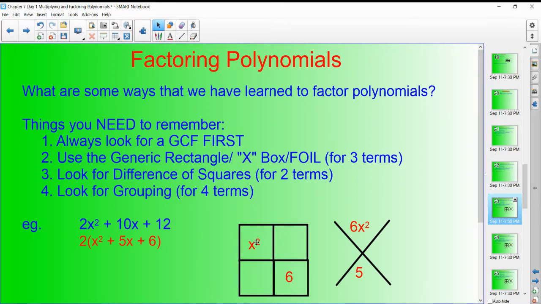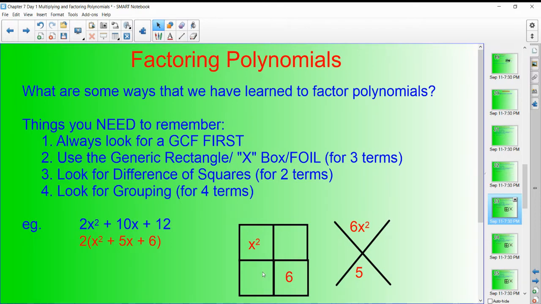Now, mathematically, every diagonal in this rectangle should multiply to the same thing. So this diagonal multiplies to 6x squared. It's comprised of the first term, x squared, and the last term, 6. So they always go diagonally across from each other.